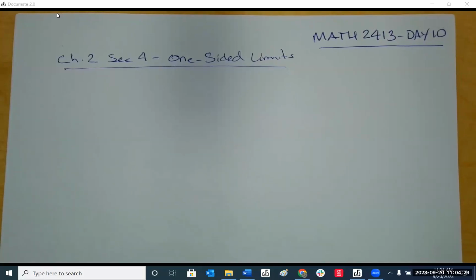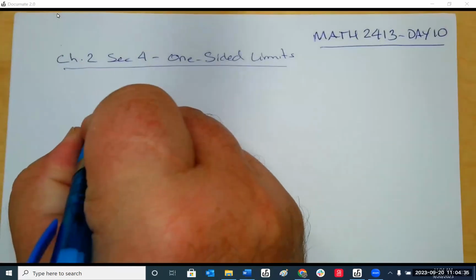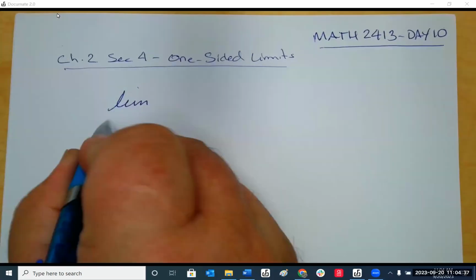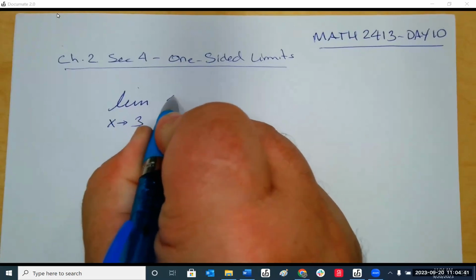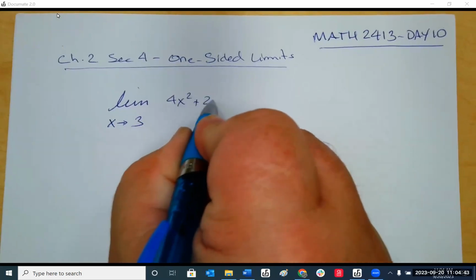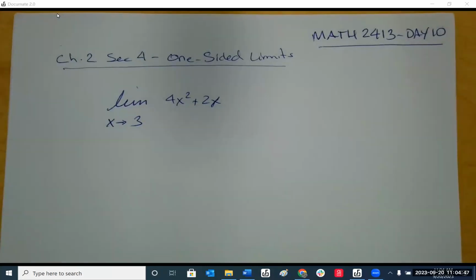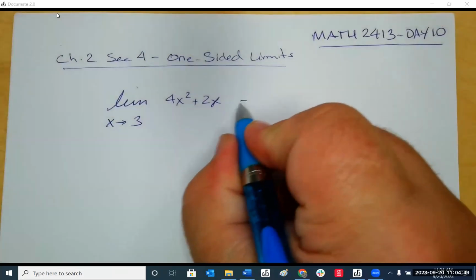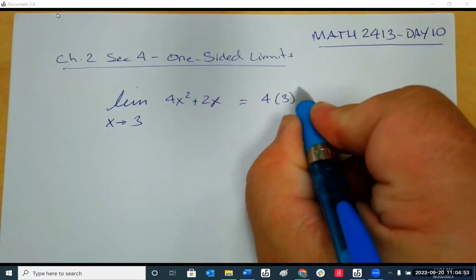And this is why up until now, when we talk about limits, how do we take them? If I gave you a function, if I said the limit as x approaches 3 of 4x squared plus 2x, what would you do? Yeah, just input the 3. So let's see what happens at 3.